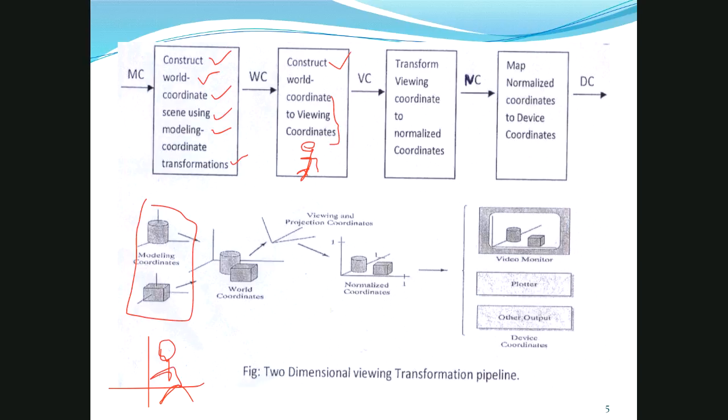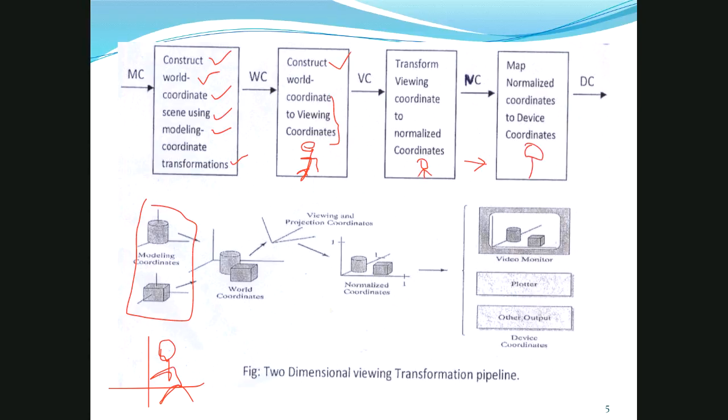So suppose only the head, like this. After that you can transfer this viewing coordinate to the normalized coordinate to display in the output devices.